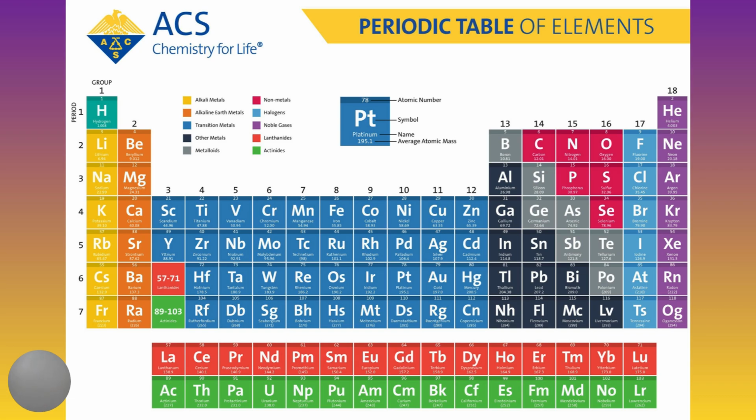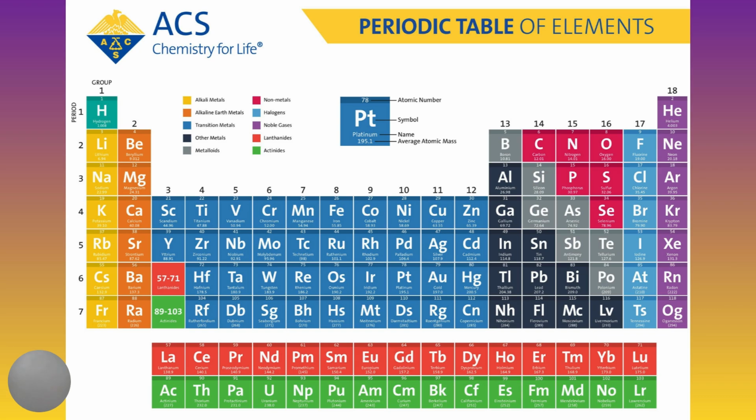If I say symbol, H. Hydrogen is in group 1. The numbers at the top of each box we call the atomic number. An atomic number is equal to the number of protons and electrons.